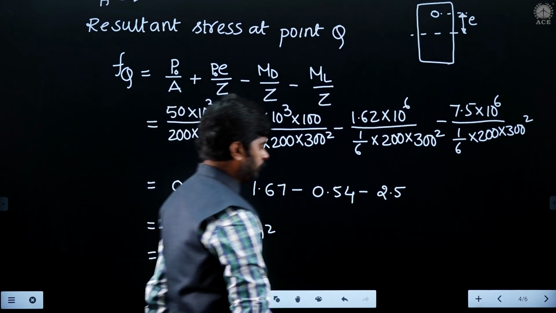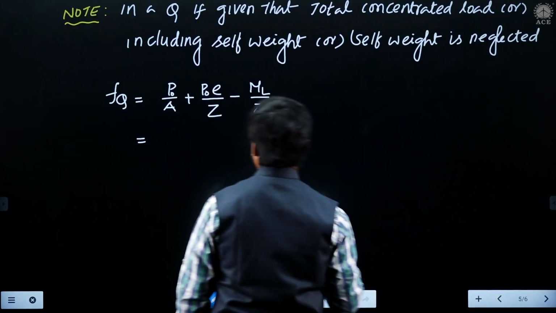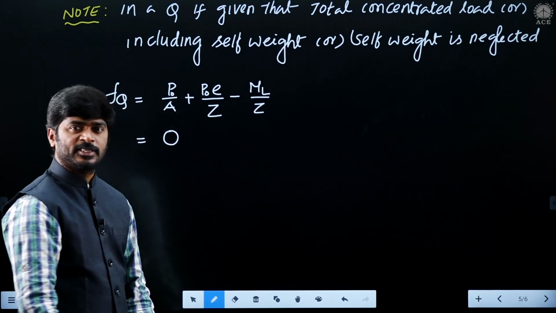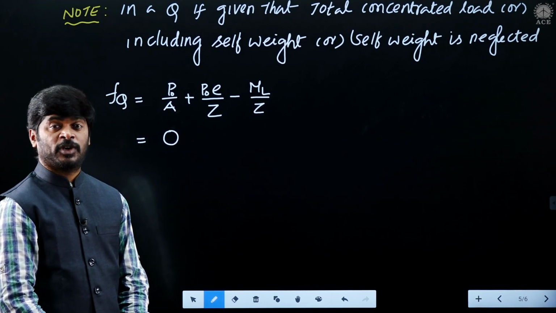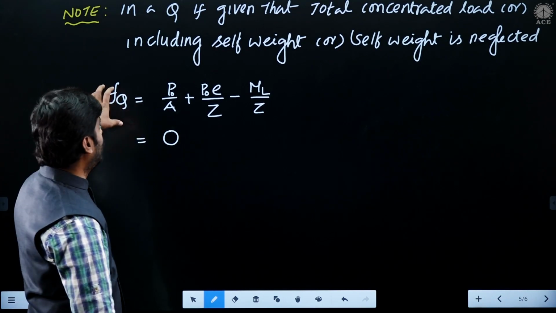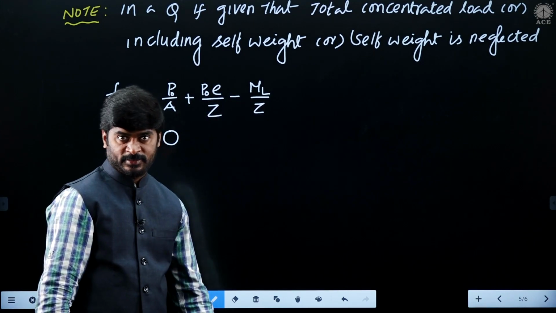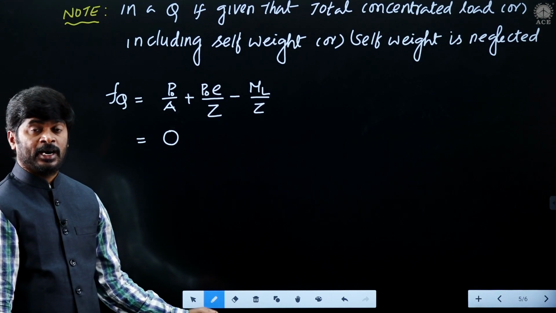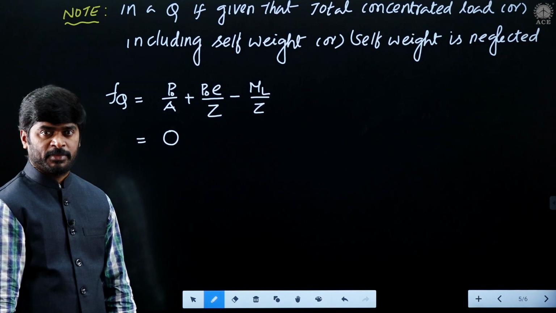It is 0. Answer is 0. When it is possible, if something wording given in the question like this, otherwise we have to get the answer minus 1 Newton per mm square. Okay? Okay, we'll see next question.